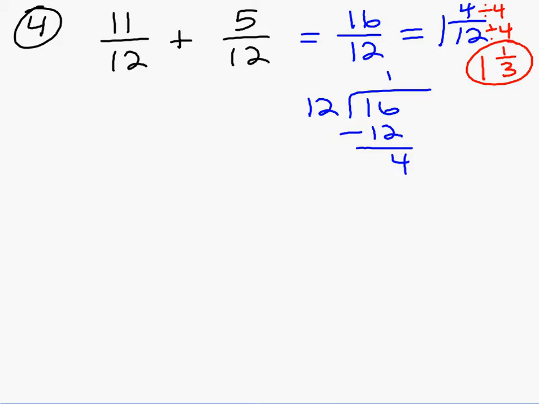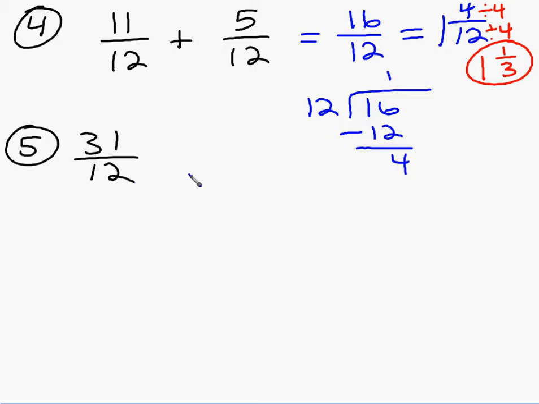One of the reasons I want you to know how to divide to fix an improper fraction is, what if you added two fractions and you got 31/12? If I got 31/12, that's an improper fraction, and I wanted to change that so that it wasn't an improper fraction, you need to know that you divide.